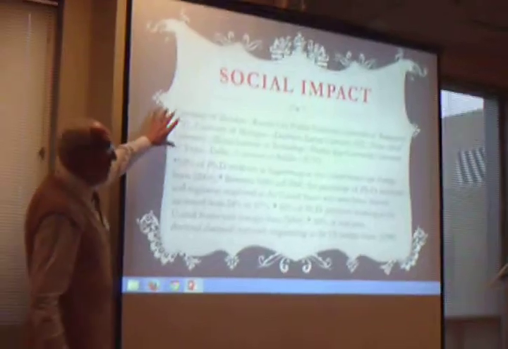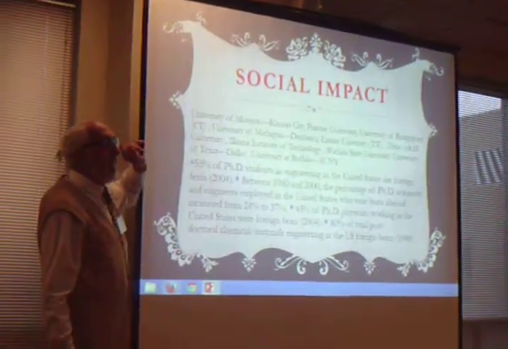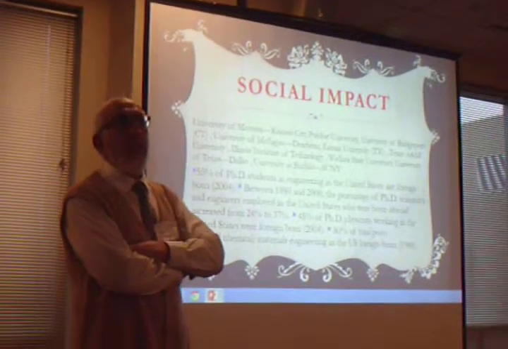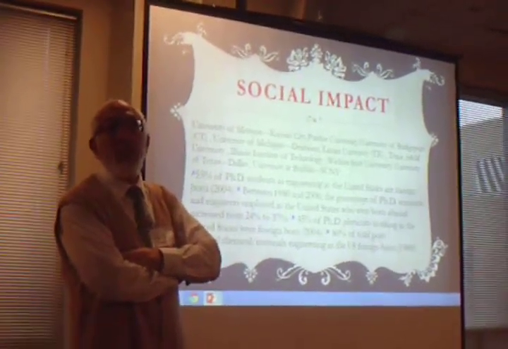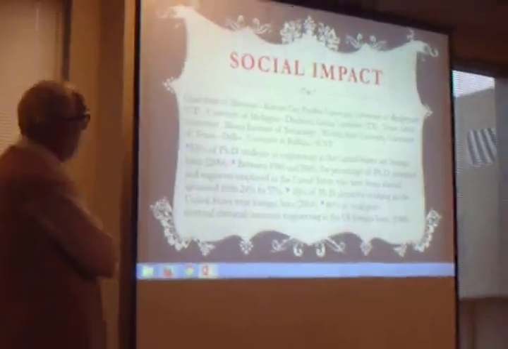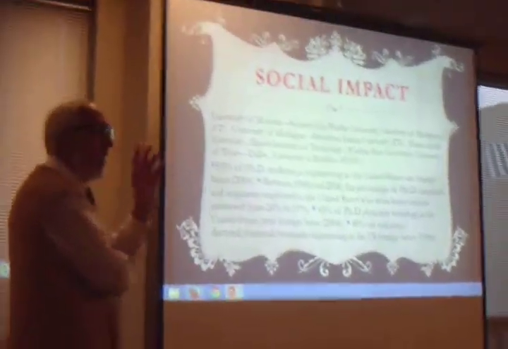Okay, so now, if you look at these universities, 10 of them I've listed here, 90% are international students, 90% and over. University of Missouri, Kansas City, Purdue University, University of Virginia.